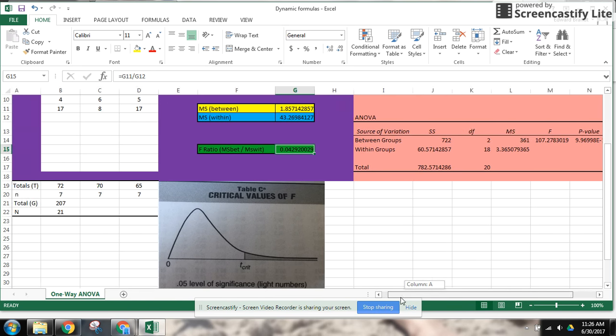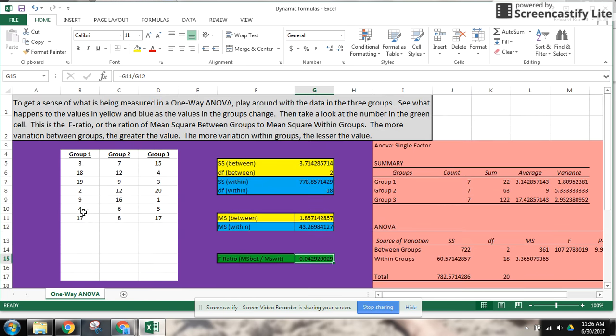And if you recall back when I had it arranged with the largest numbers in column 3, I'll mix these back around, and as I do that, you can see that these values are changing over here. The amount of variation within the groups is dropping because I'm clumping these values basically to values that are alike each other.